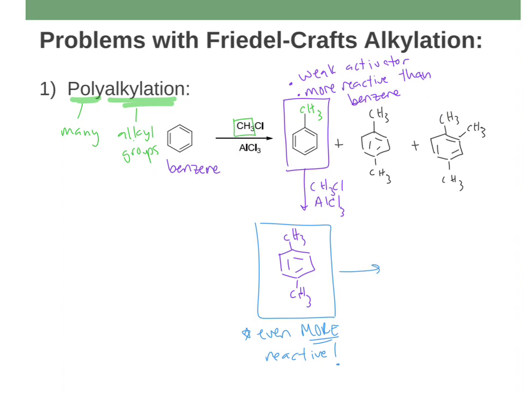So then it will react with the same pot of reagents here. It will react with more aluminum trichloride and chloromethane to give the tri-substituted product. And I'm going to stop here partly because I'm running out of space, and hopefully you're getting the point. Now the problem is that this is the most reactive thing in your reaction vessel.